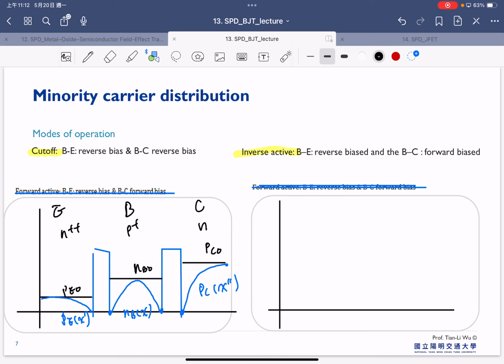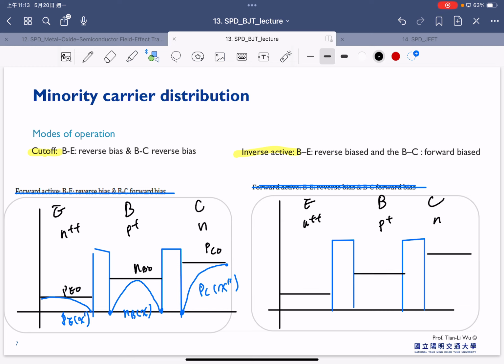So we have the E, B, C. Right now our BC junction is forward bias.